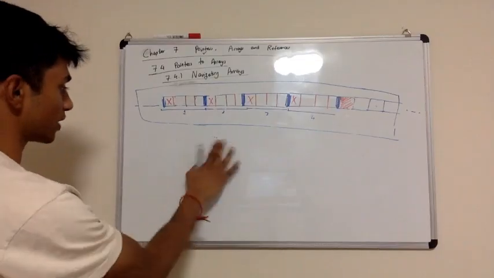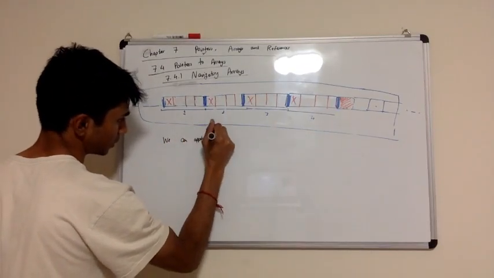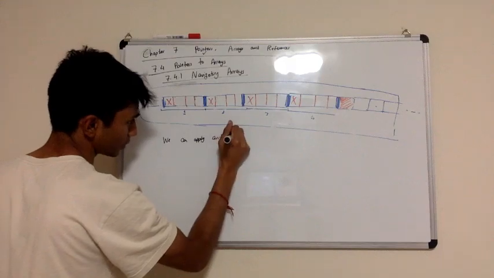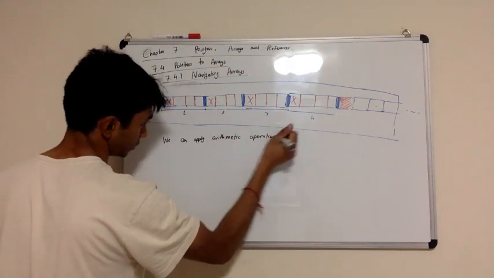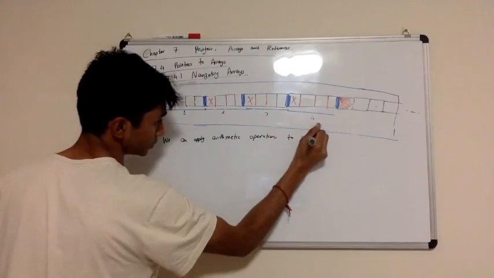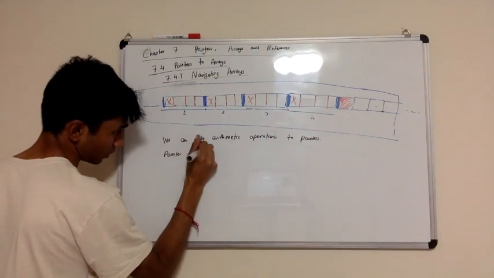I kind of showed it in that for loop there, but we can apply arithmetic operations to pointers. And the act of doing this is called pointer arithmetic.